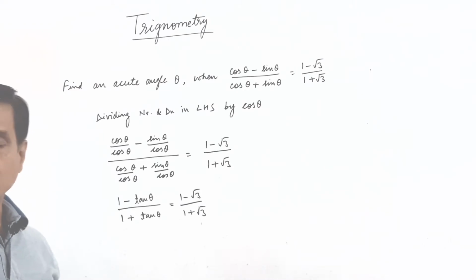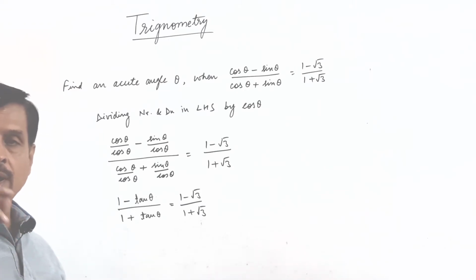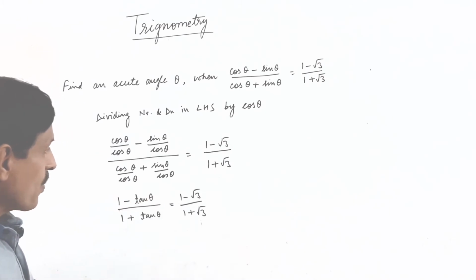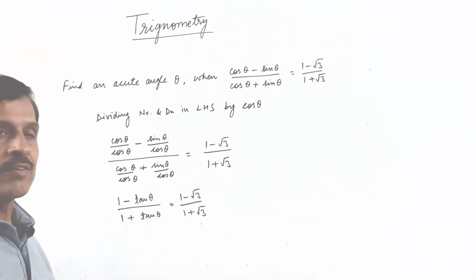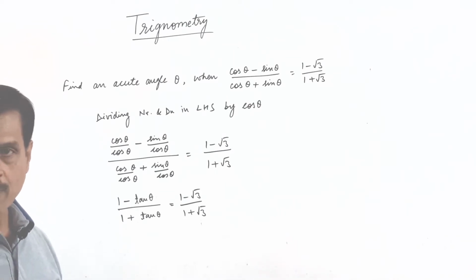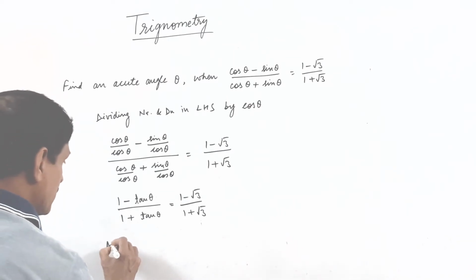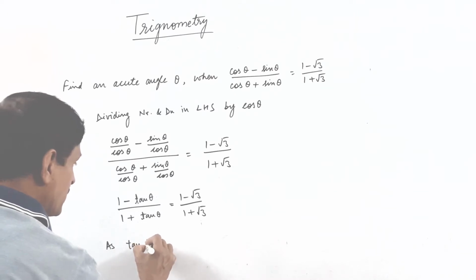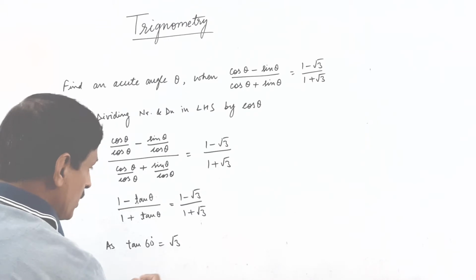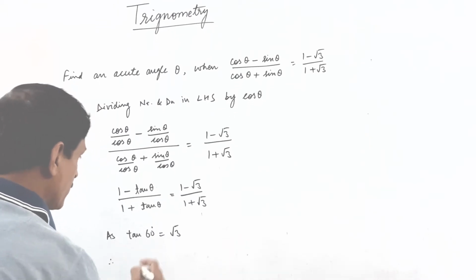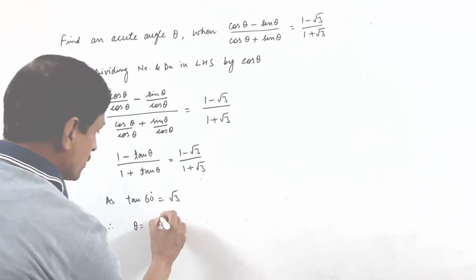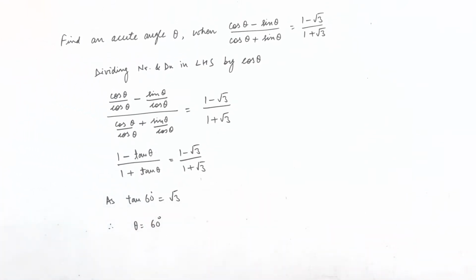From the table we know in front of tan theta, root 3 is the value of tan 60 degree. As tan 60 degree is equal to root 3, therefore theta is equal to 60 degree.